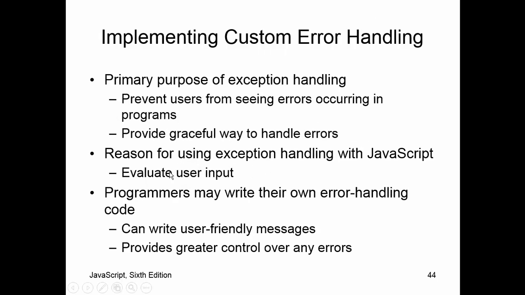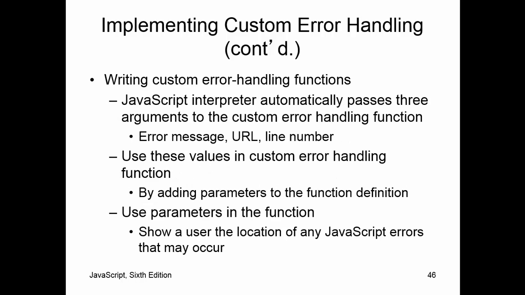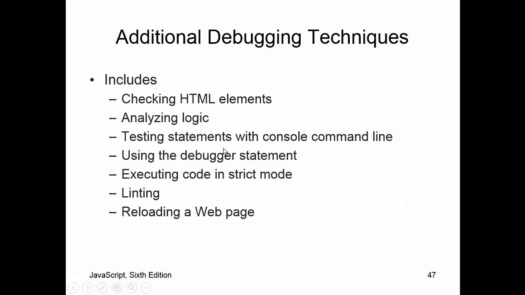So you can also write your own error messages that explain what's going on, because a lot of times the ones that JavaScript writes are rather terse. They're hard to understand. You catch errors with what's called the error event. The JavaScript interpreter automatically passes 3 arguments to any custom error that you put in: a message, a URL, and a line number. You can use these, all right, when you're printing stuff out.